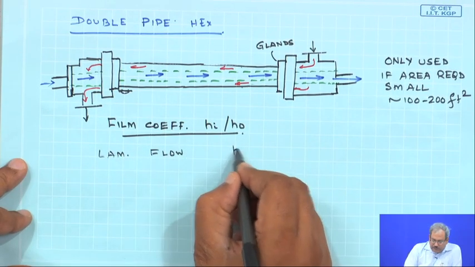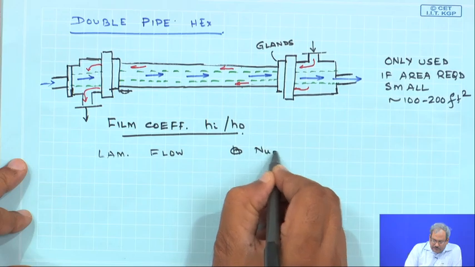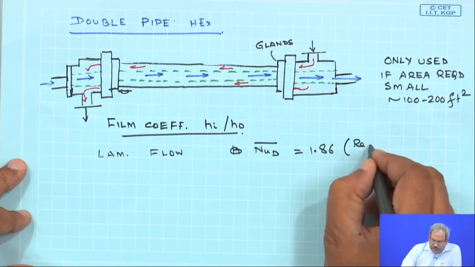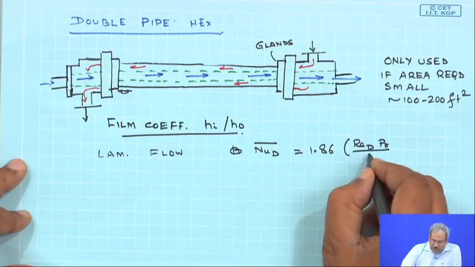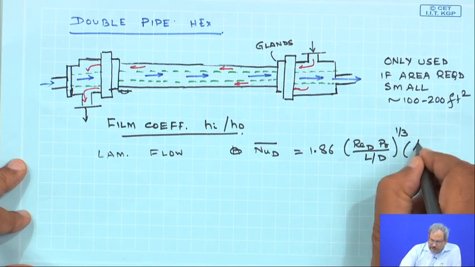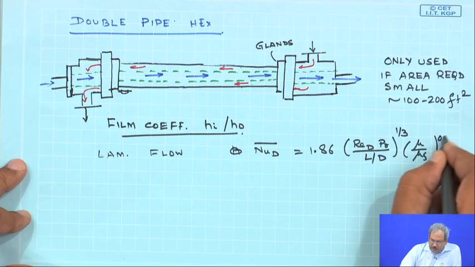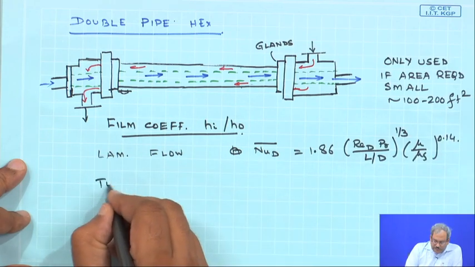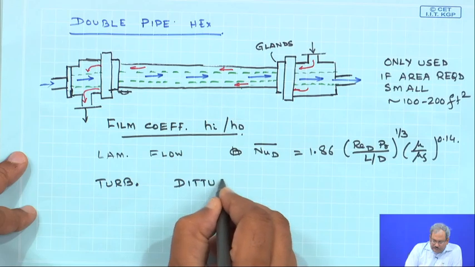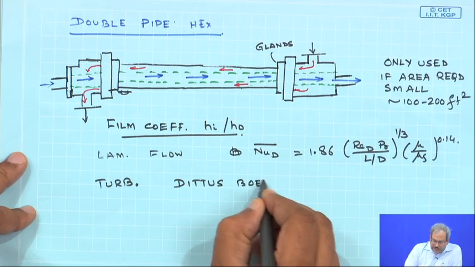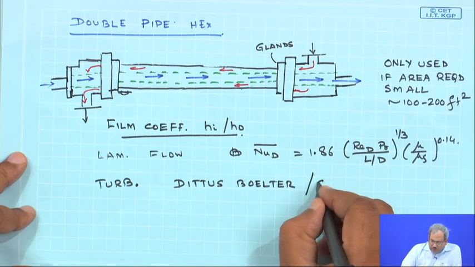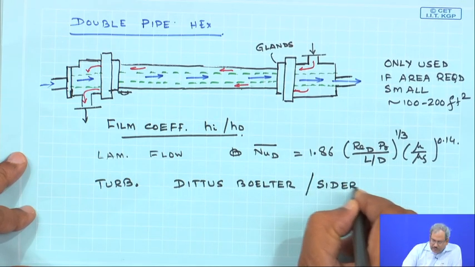Then the Sieder-Tate correlation, that is, Nusselt number based on diameter is 1.86, Reynolds based on diameter times Prandtl to the power L by D. We now know what these equations look like, mu by mu s to the power 0.14. And if it is turbulent, it is going to be the Dittus-Boelter equation, the Dittus-Boelter correlation.